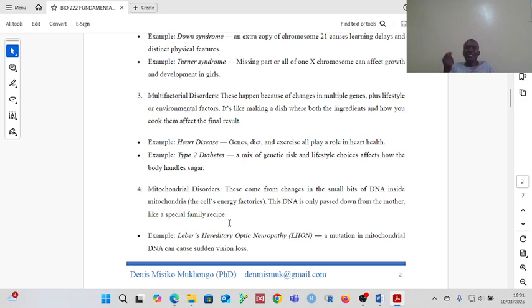So if there is a change in some of this DNA within the mitochondria, then it can lead to some disorders. For example, the Leber's hereditary optic neuropathy. That is caused by a mutation in the mitochondrial DNA that causes sudden vision loss. As a result of that mutation, an individual suddenly loses vision.